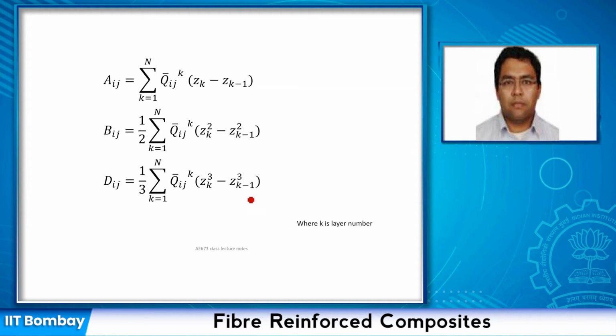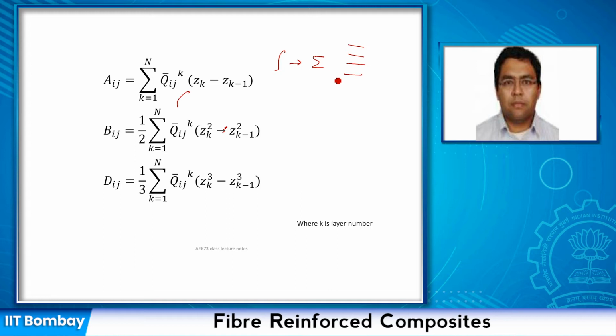So then what we do is we take that expression and we try to simplify it, because every time to write out all these integrals is difficult, and also we are dealing with multiple layers here. So instead of an integral, we convert that into a summation, because these are discrete layers.